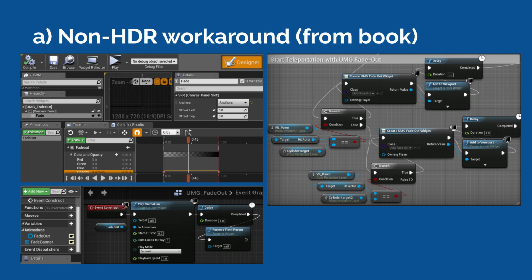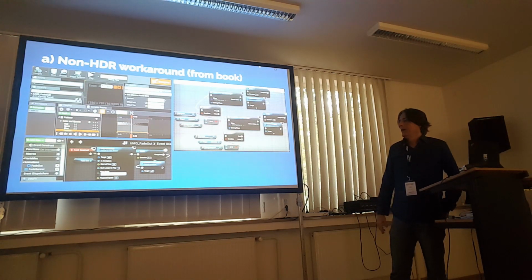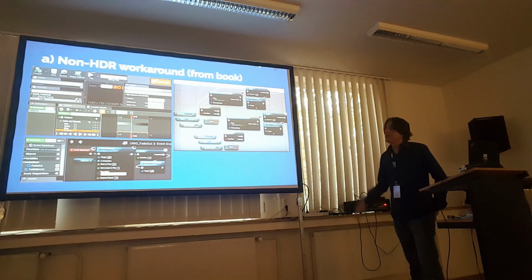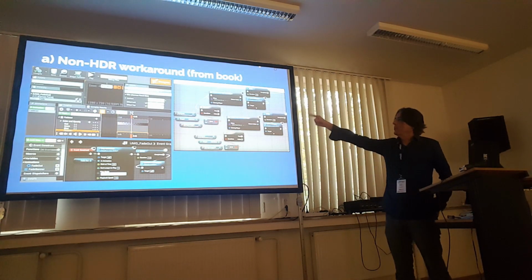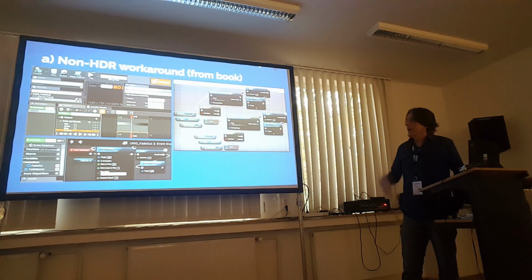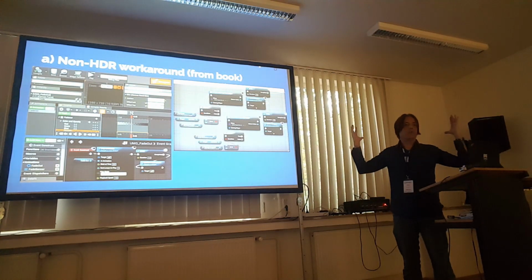And in the event graph, I do an event construct, put the animation in there, a delay for as long as the animation runs, and then remove it from the parent. And in the level blueprint, I call up the UMG, do the same delay, and then add it to the viewport. So the UMG is mapped to the full viewport.